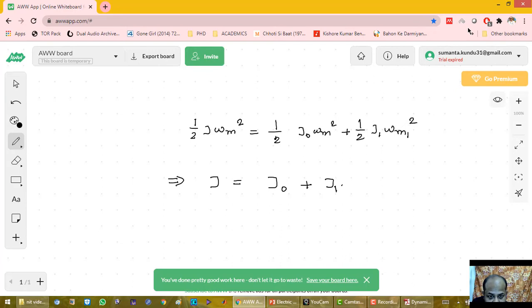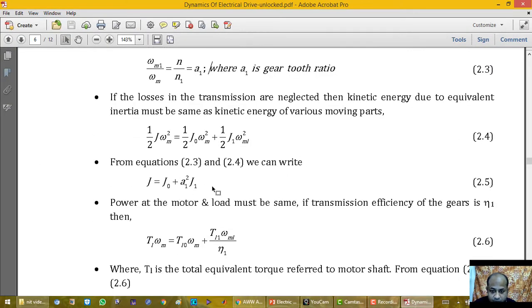So, J1 into omega m1 by omega m whole square, and this is nothing but my a1 square. So, J equals J0 plus J1 a1 square. This is my equivalent moment of inertia.